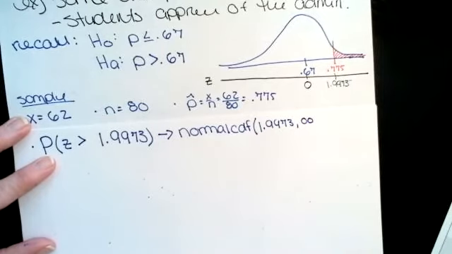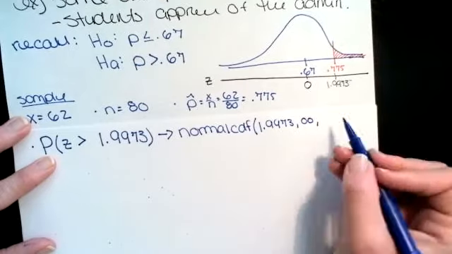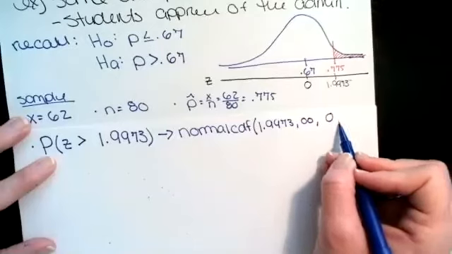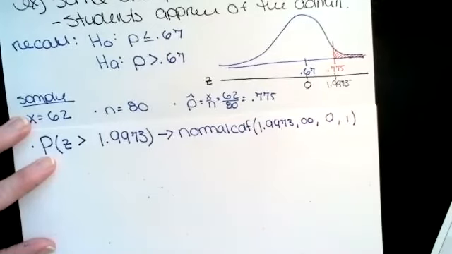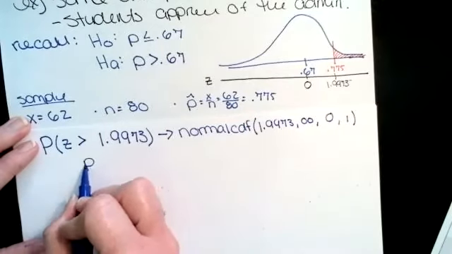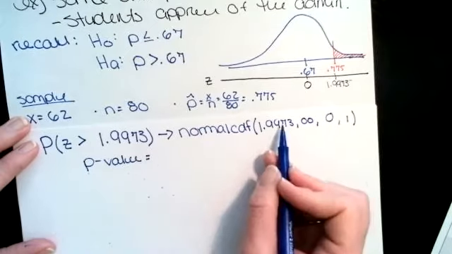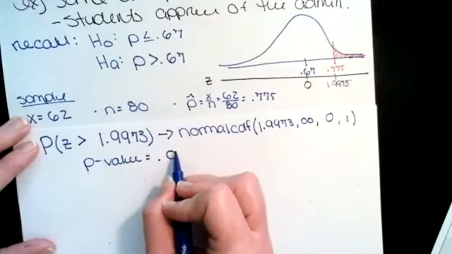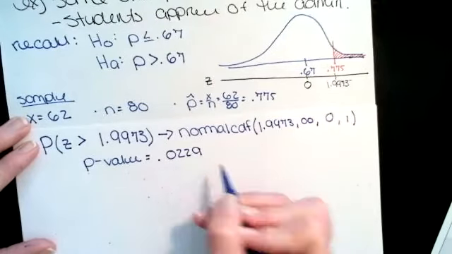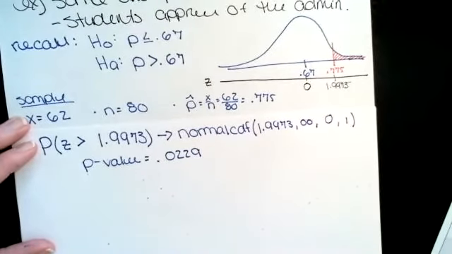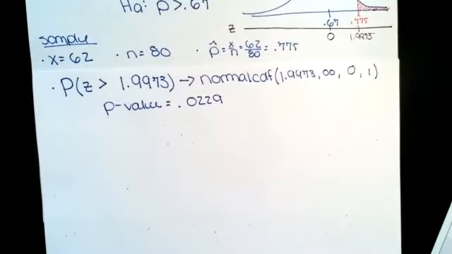I'm not going to plug infinity into my calculator, but I'll use something like positive 10,000. The center of the curve is 0, and the spread of the curve is 1. So now this will be my p-value. When I plug all this in, I get 0.0229, or 2.29%. So that's my p-value.